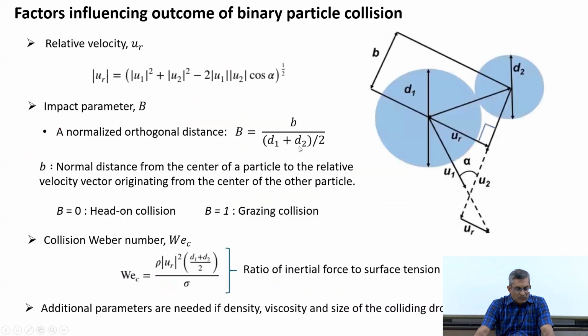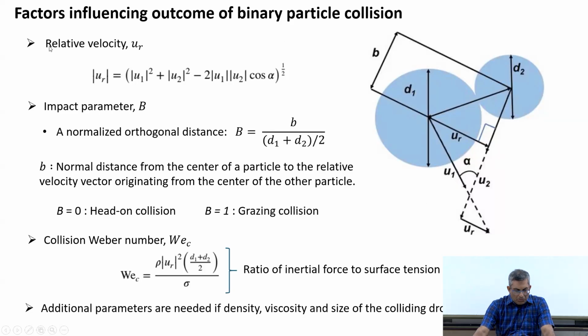So, what are the factors which influence the outcome of a binary particle collision? Here you can see two particles coming together and just in touch with each other, so the collision process is just starting. Obviously the size of the particles is important, and also their velocity.